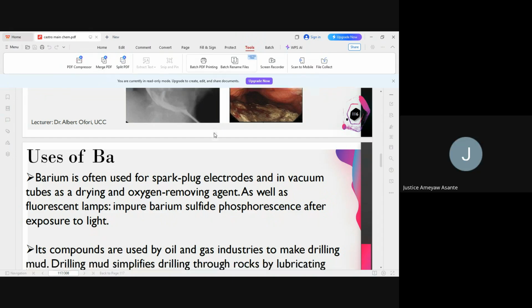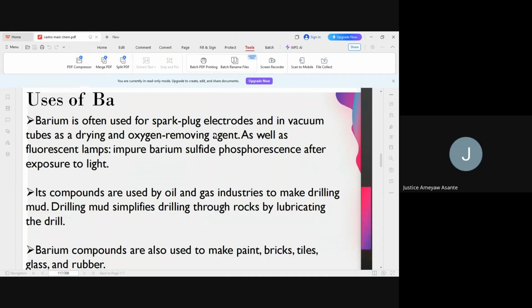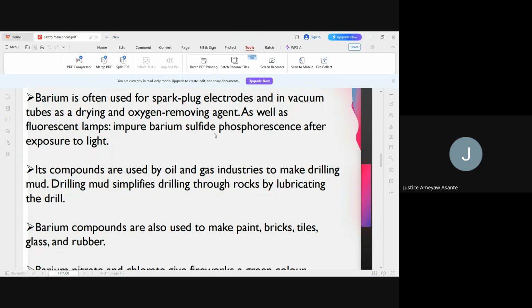Then if you want to remove oxygen, it's also used. Its compounds are used by the oil and gas industry to make drilling mud. So the gas and oil industries, if they want to drill, they use it. Drilling mud simplifies drilling through rocks by lubricating the drill.